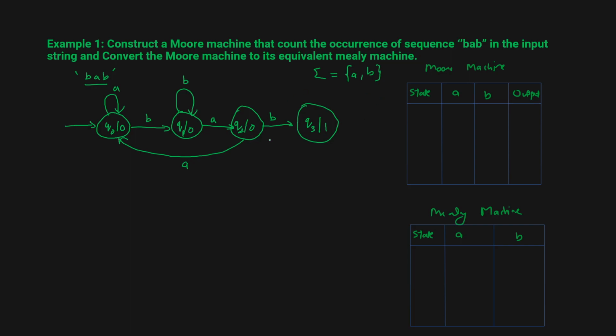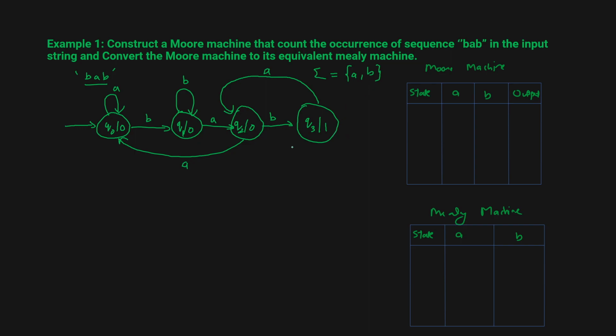Now in Q3, what happens if you get A and B? Let's say you are in Q3 and you get input A. You go to Q2, because you already have B over here. You get input A, you come to Q2, and if you get B, you go to Q3 again.